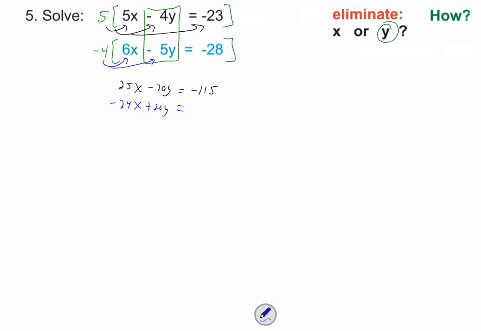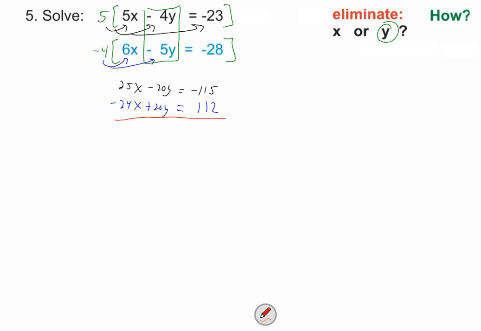Negative 4 times negative 28 is positive 112. And you can use your calculator if you're worried about that. Everybody okay with that? Our next step is to add them, because that's when you do the eliminating, right?